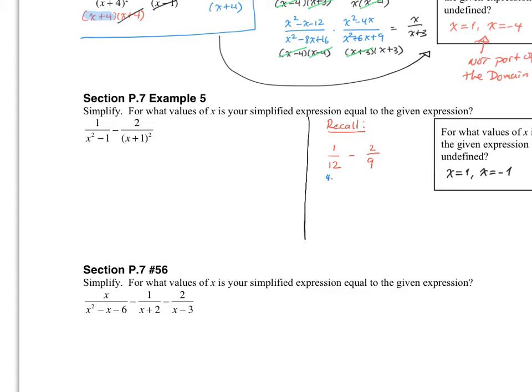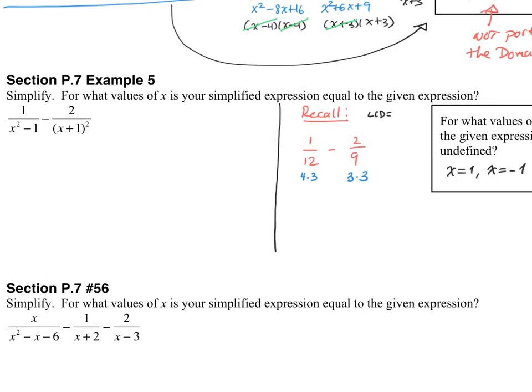And you can say this is 4 times 3, and this is 3 times 3. So the LCD should be everything that is different to the highest power. So in this particular case, the LCD should be 4 times 3 squared, which is 4 times 9 is 36.